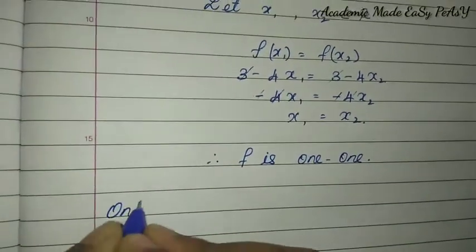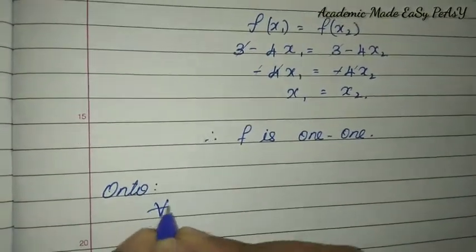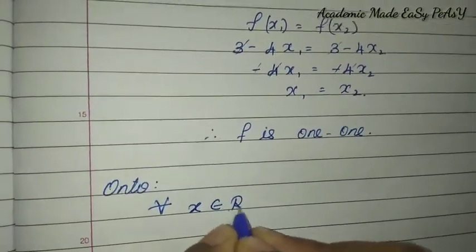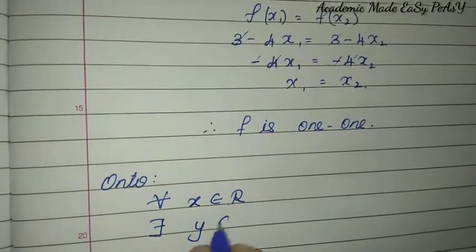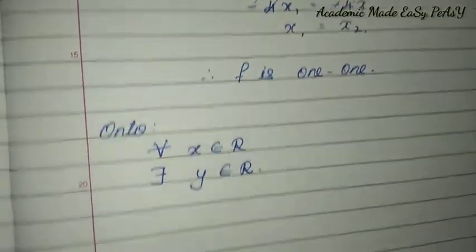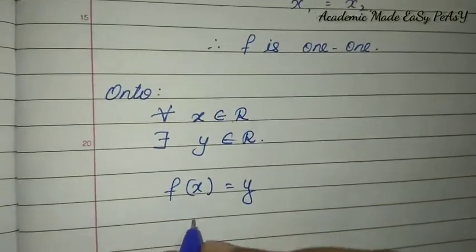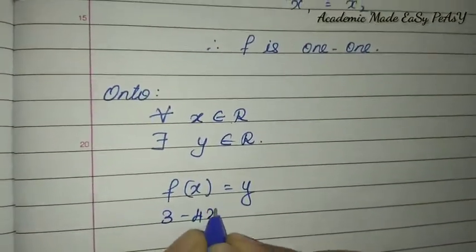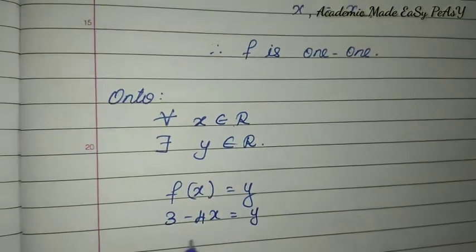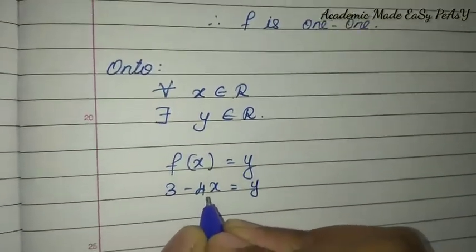Next, for onto. For every x belonging to R, there exists y belonging to R such that f of x is equal to y. Then 3 minus 4x is equal to y. So we have to get x in terms of y.